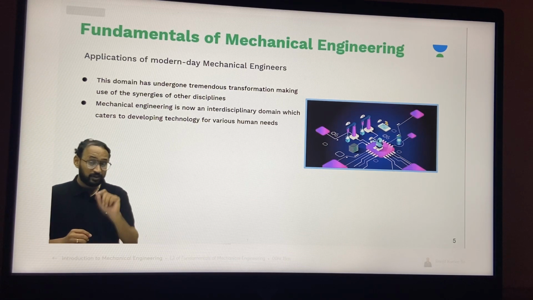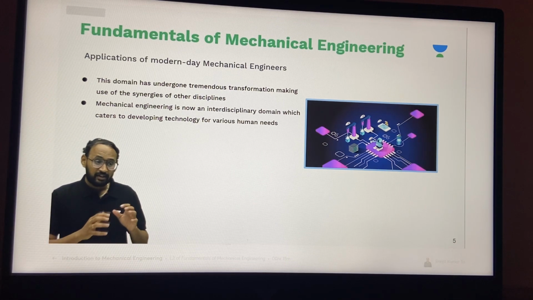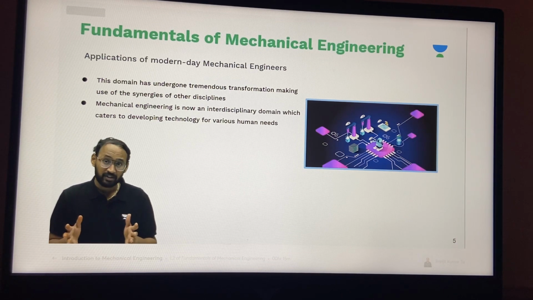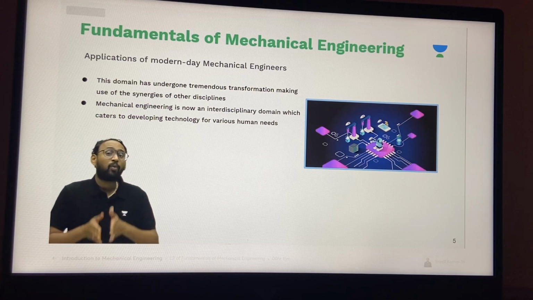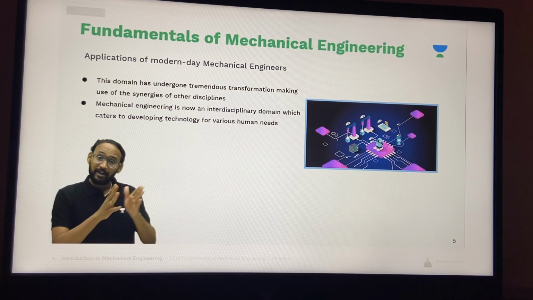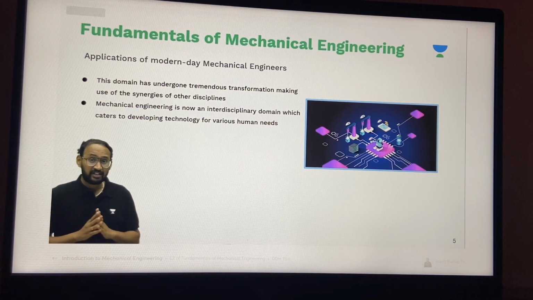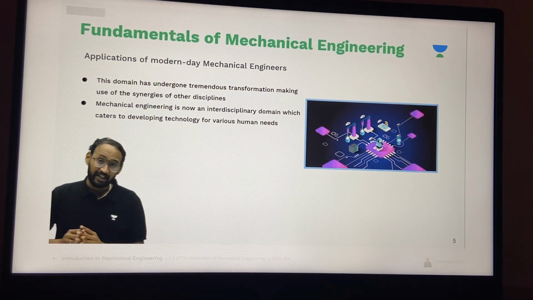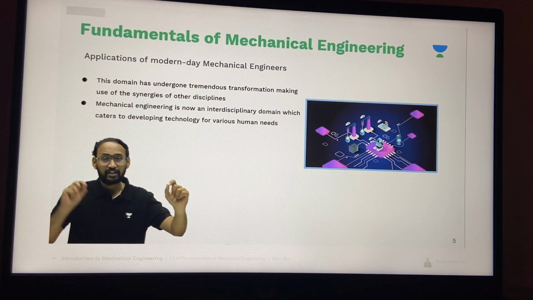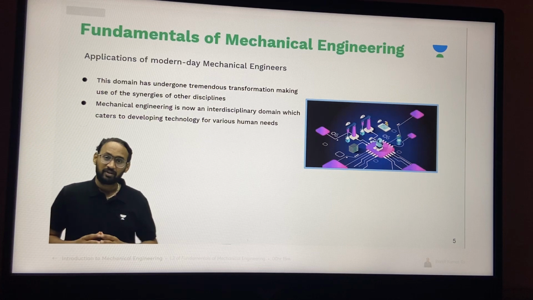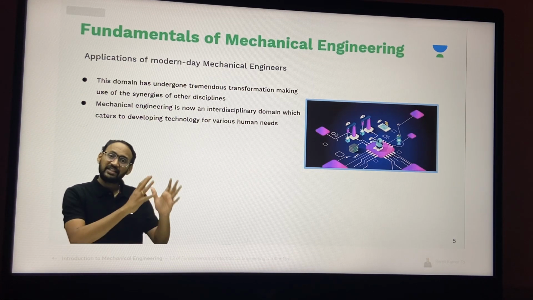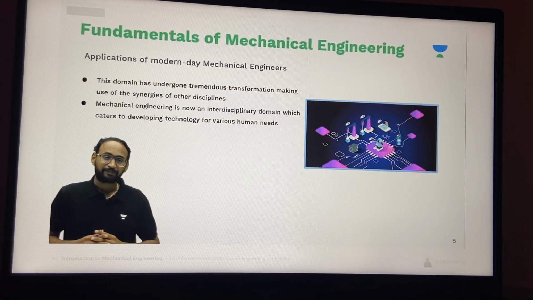Now, coming to this synergy, this is the reason why mechanical engineers have to break the silos and come out of only a mindset of production or a mindset of design. Basically, mechanical engineers have to think from the start, when the idea originates, till the product is delivered to the customer. So they have a hand in each and every stage of a product life cycle.